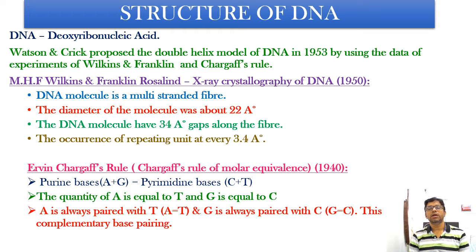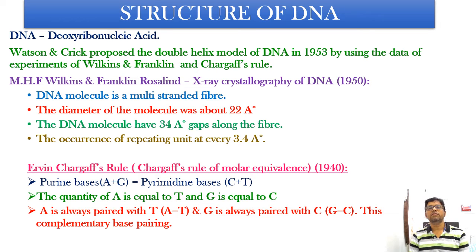Based on the data of the previous experiments, Watson and Crick proposed the double helix model of DNA in the year 1953, and the model was widely accepted. M.H.F. Wilkins and Rosalind Franklin conducted X-ray crystallography of DNA in the year 1950.